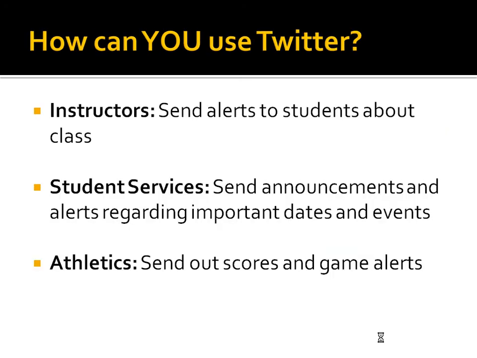So let's go through and look at how you might use it. In academia, or at our institution of Peninsula College, I focused on three examples here. An individual instructor may want to provide a mechanism whereby students can subscribe and receive alerts from the instructor. For example, the test is canceled today, or we're going to have a pop quiz, or snow day, no class, something like that.